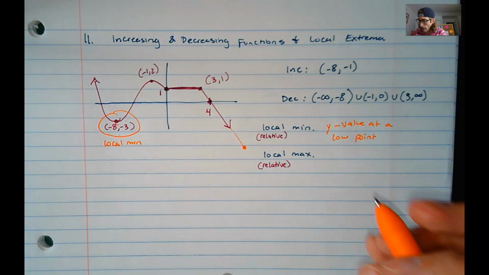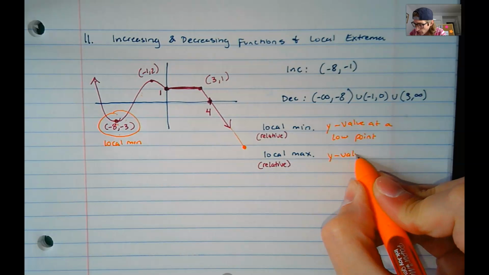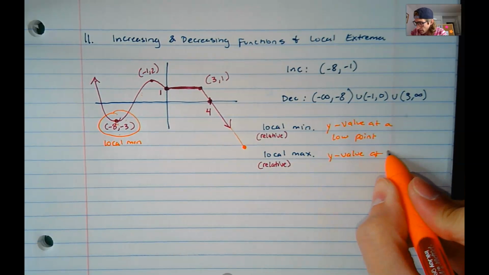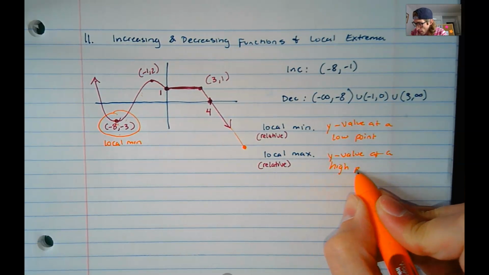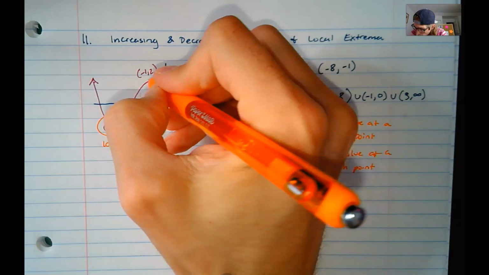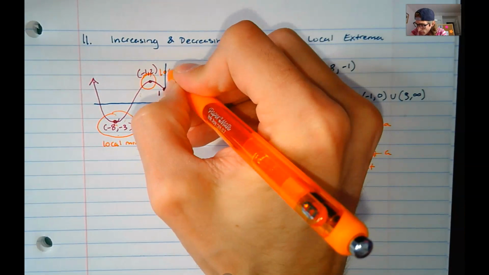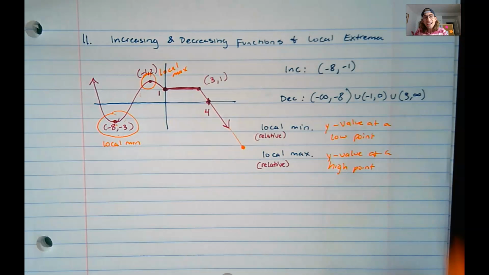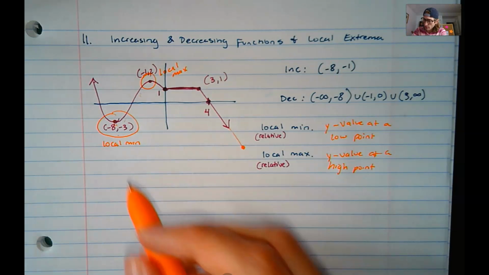And that makes our local max the y value at a high point. So looking at this graph, this point right there is higher than everything around it. We would call 2 the local max, and it happens at -1. So let me write that.